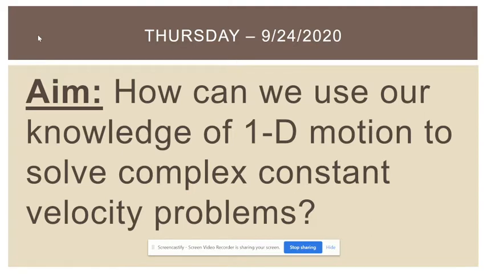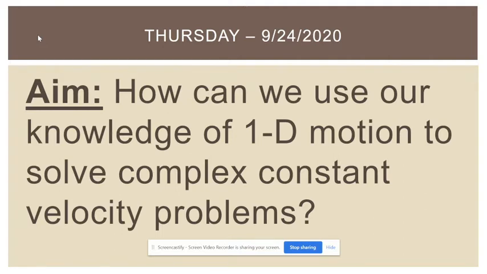As you can see here in the AIM, today we're going to be talking about one-dimensional motion and how we can use our knowledge of one-dimensional motion to solve what I refer to as complex constant velocity problems. Now, we ended yesterday on a bit of a cliffhanger by taking a look at one of these.